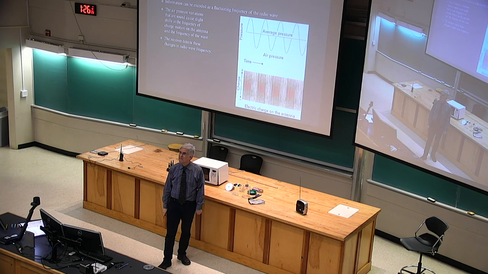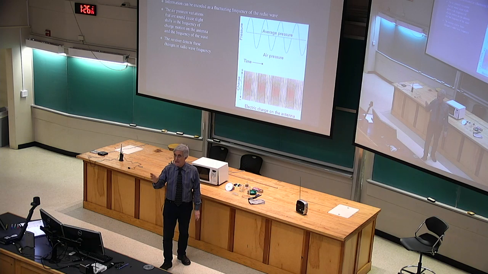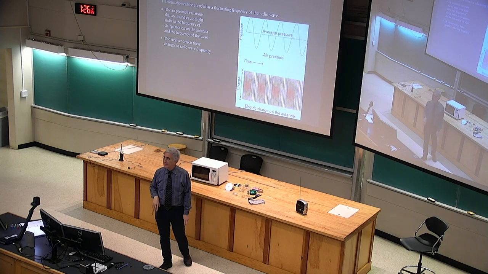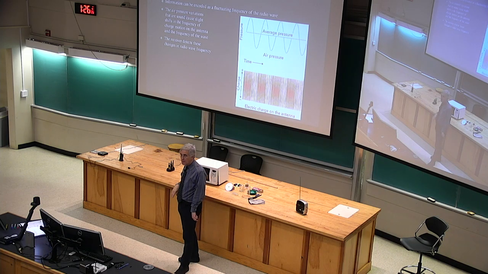Last thing to say here before I leave this, and I got to leave it. Otherwise, we can major in radio. Is that these encoding schemes, AM and FM, they grew up in the era of simple electronics. Modern electronics can look at these waves essentially in real time. They can watch the charge going up and down your antenna in a way that people 70 years ago just couldn't even imagine. So they can pay detailed attention to everything going on.